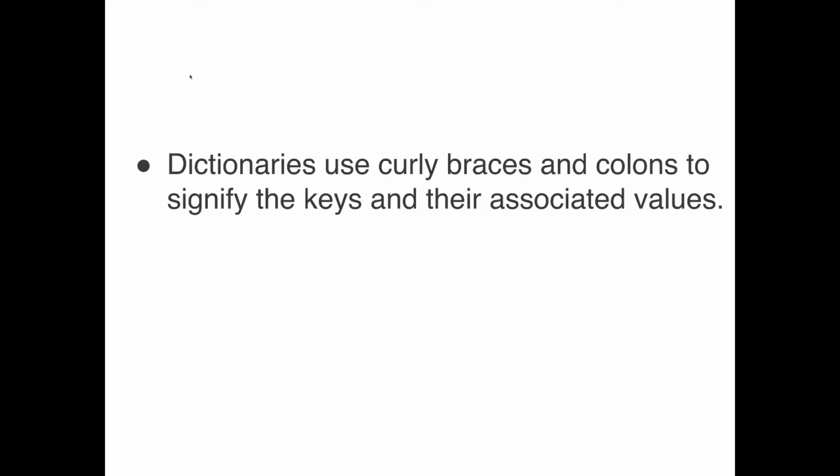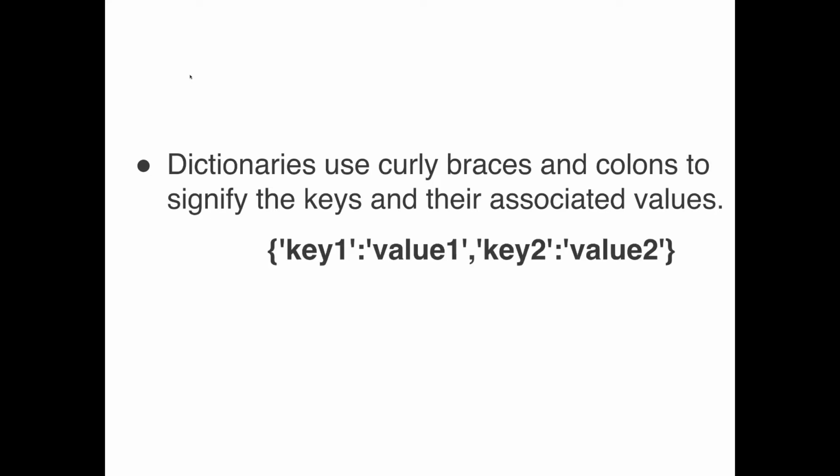Dictionaries use curly braces and colons to signify the keys that are associated with their values. So this is the syntax. We have the curly braces, and then we have key1 as your keyword, and the value as your value.